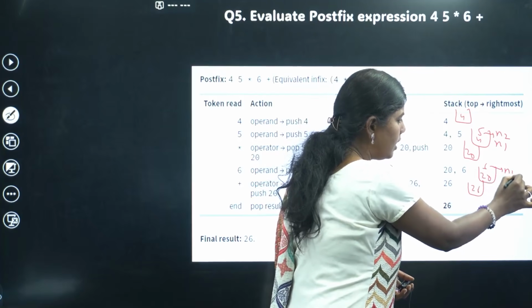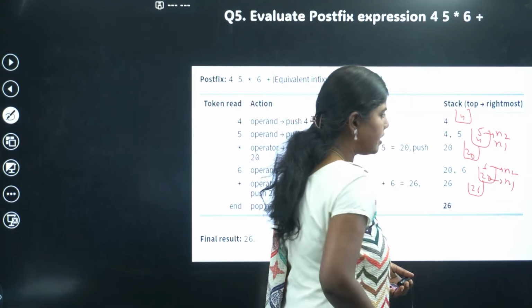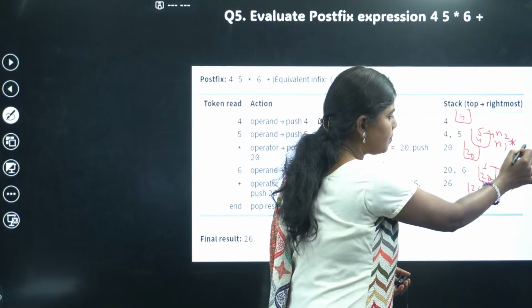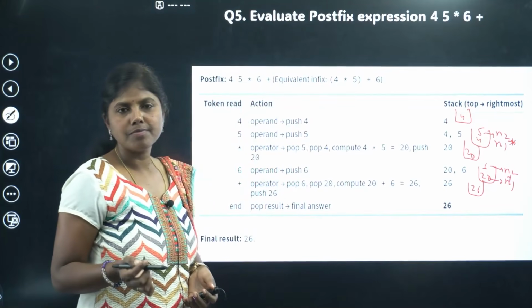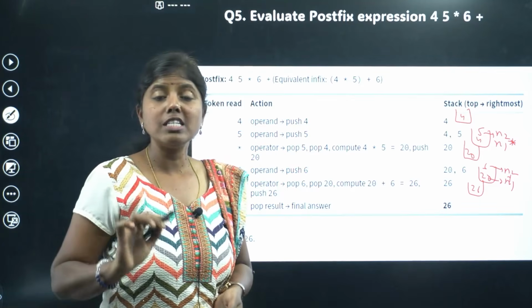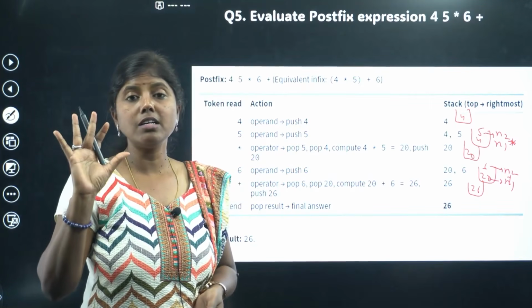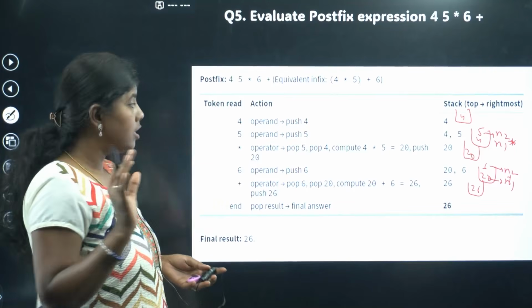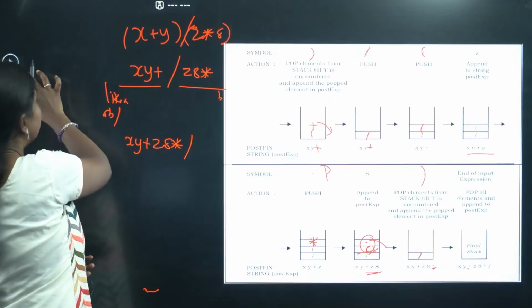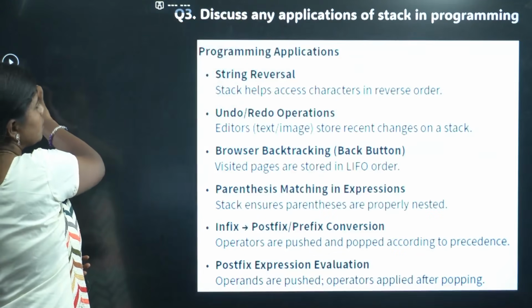This is going to be star, and this is going to be plus. Is the point clear? So representation is very, very important. So I have done with evaluation of the postfix expression.